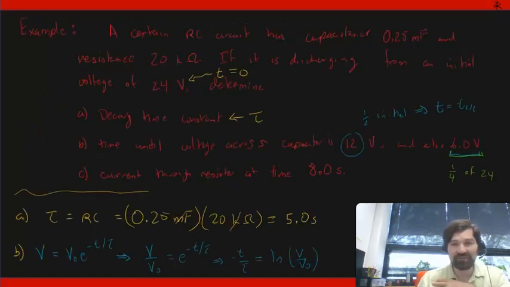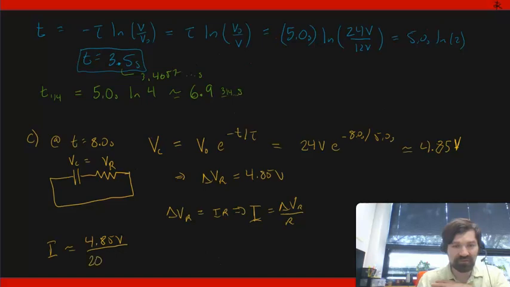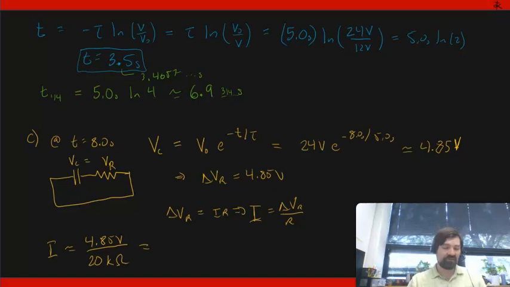Going back up here, what was our resistance? Our resistance is 20 kilo ohms. If I divide this number by 20, what I get is 0.242. So let's call that 0.24. And the units, I have volts over kilo ohms. That gives me milliamps. So that is my current at this time, 8 seconds.